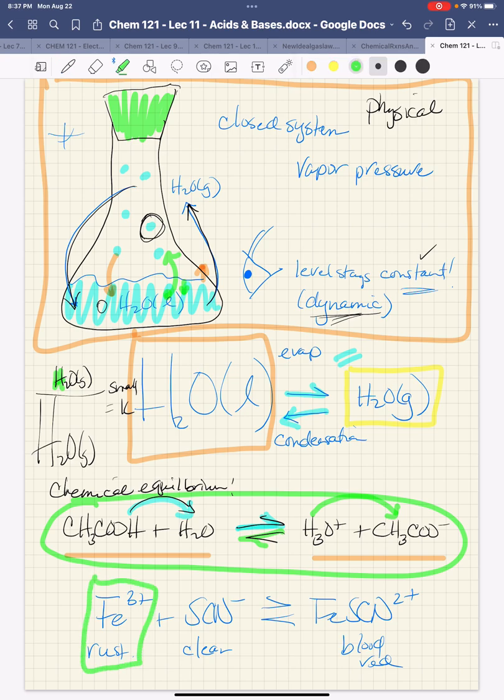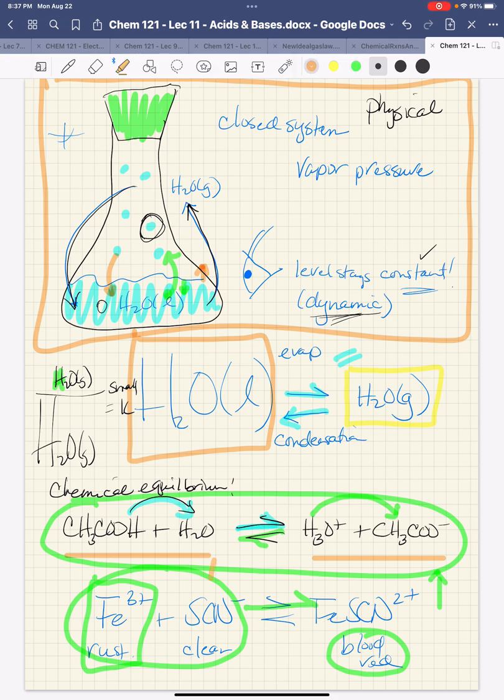And by adding that iron, if you think about the fact that these particles must collide in order to react, right? Basically, the more I add, the more collisions are going to happen. I'm going to increase the forward reaction, and that's going to lead to an increase in the iron thiocyanate, and that's why that solution went blood red. It got darker.